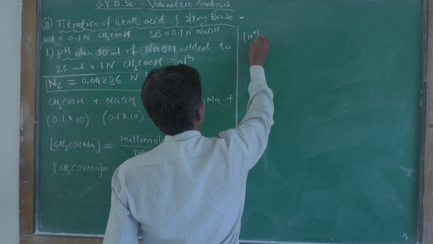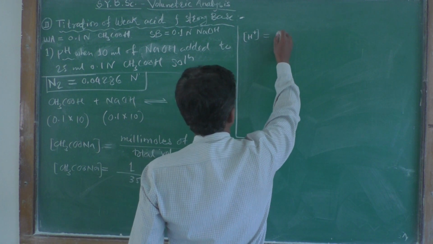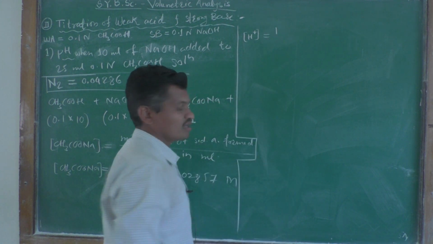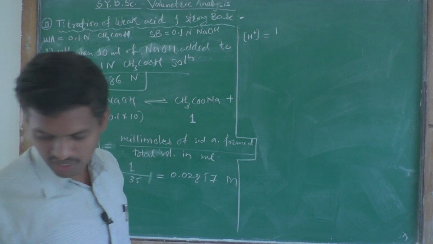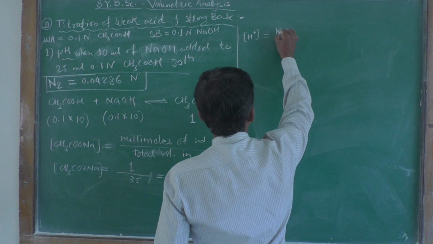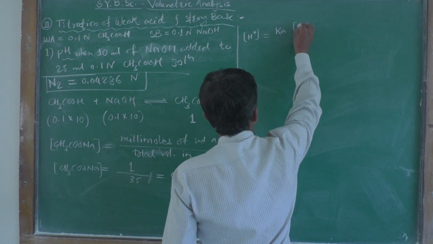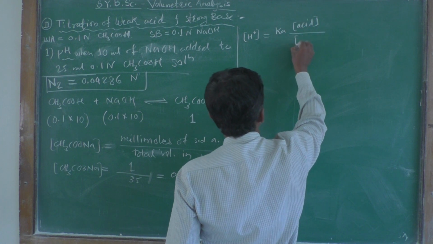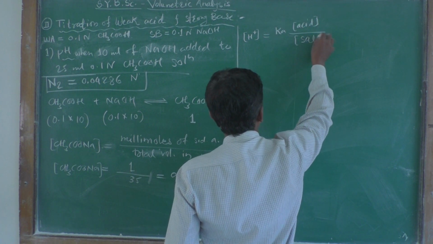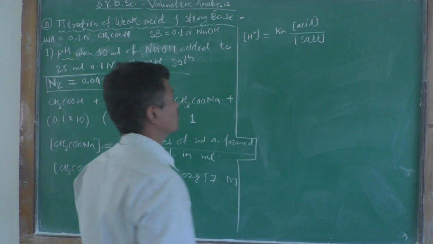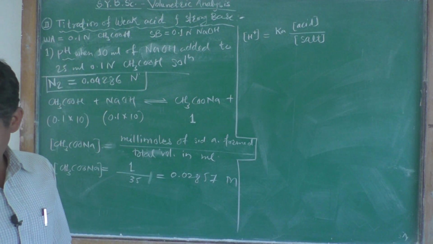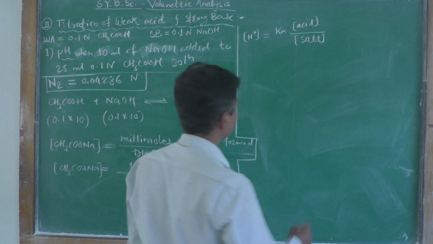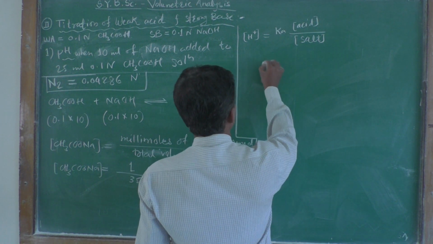Concentration of H plus ion is equal to Ka into concentration of acid divided by concentration of salt. Now what is Ka?